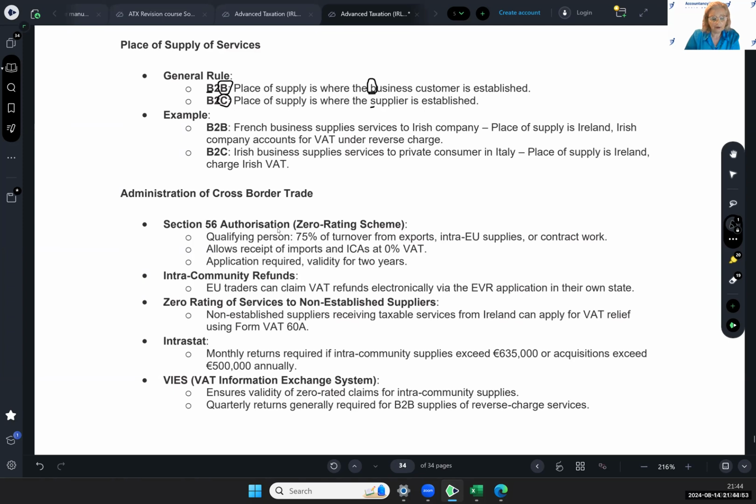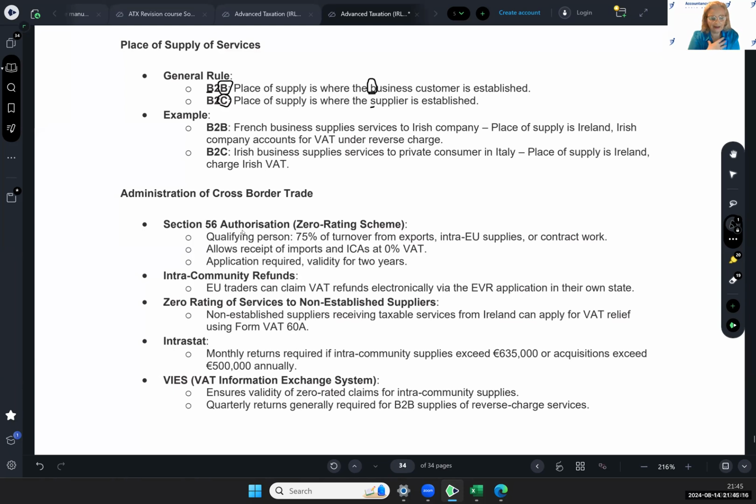Okay, so what this section 56 authorization says is there's no point in you being in a constant VAT repayment situation. What we'll do is give you an authorization that you can give to all your suppliers, telling them not to charge you VAT, or to charge you VAT at 0%.